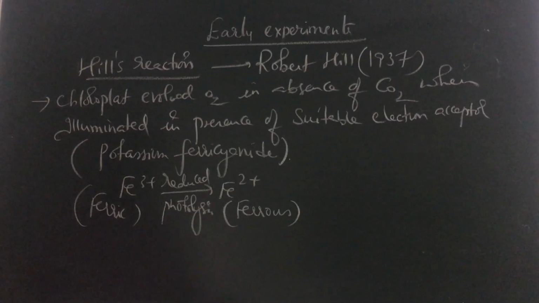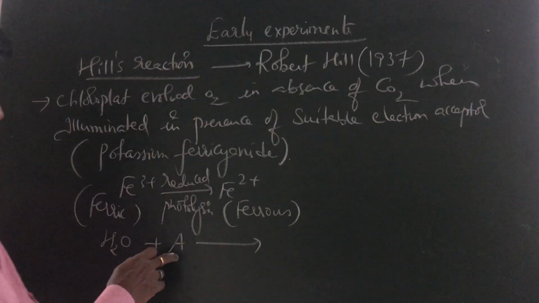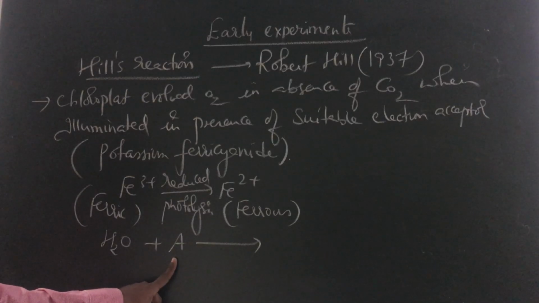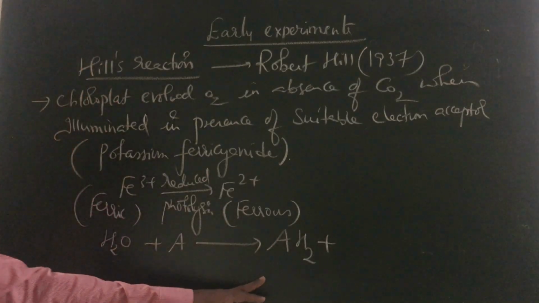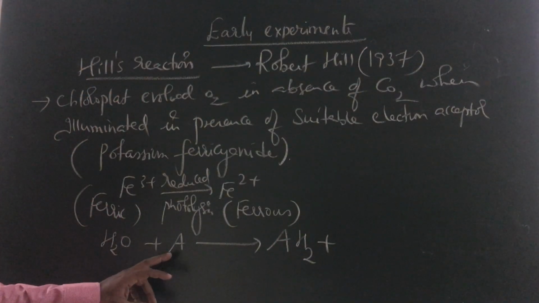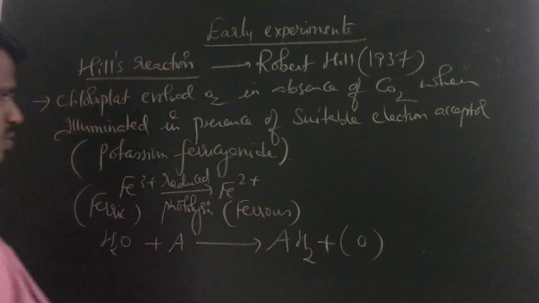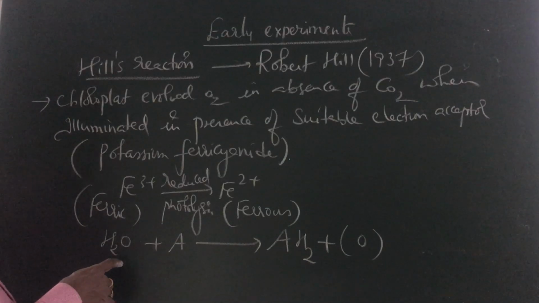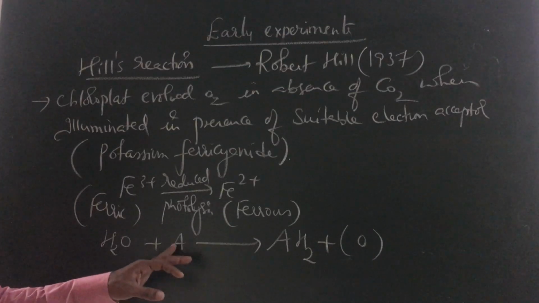So here, when water is present in the absence of carbon dioxide, with a ferric compound instead, it produces AH2, the reduced product, and oxygen. When water is present, oxygen is released, and even when carbon dioxide is absent, oxygen is released.